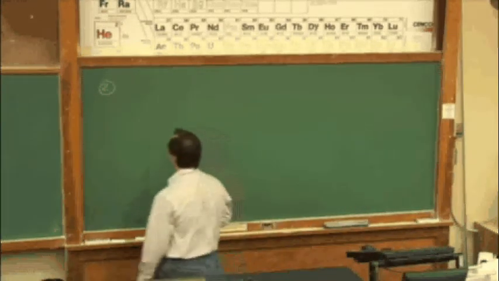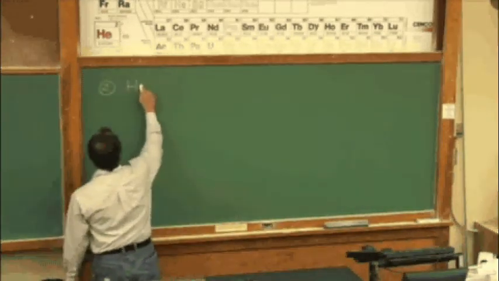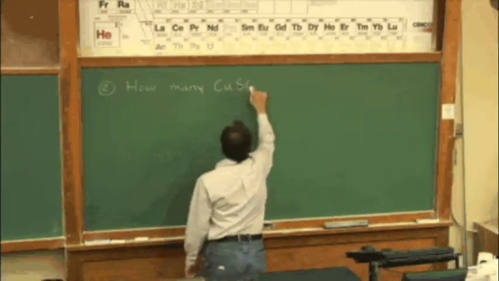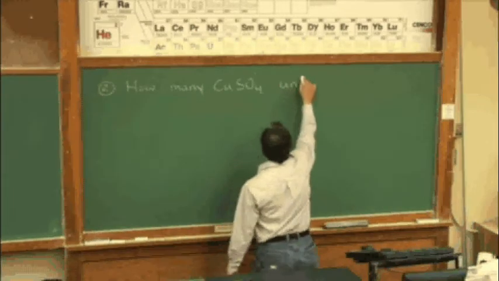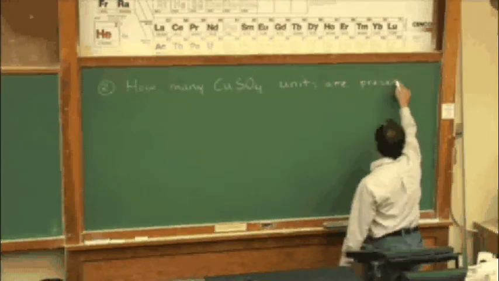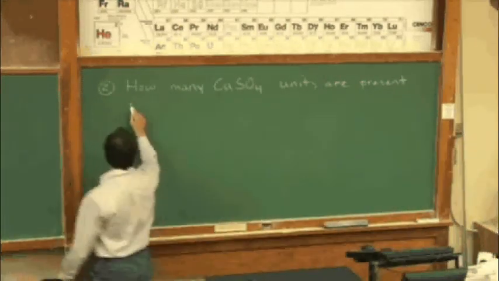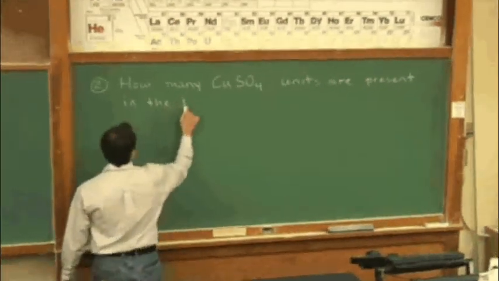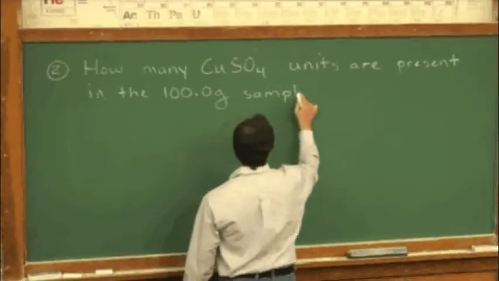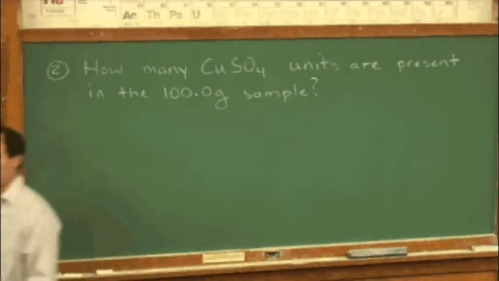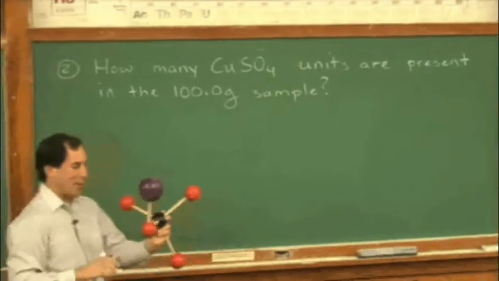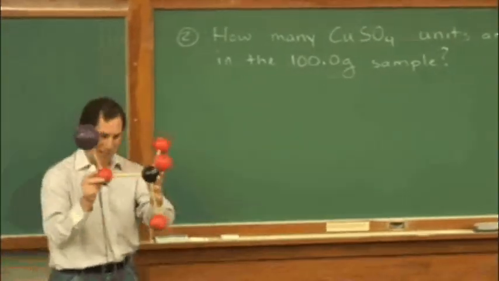Let's take this a step further and ask something like this. How many copper sulfate units are present in the 100 gram sample? So the student has obtained 100 grams of copper sulfate, and we're going to ask how many of these units are present.